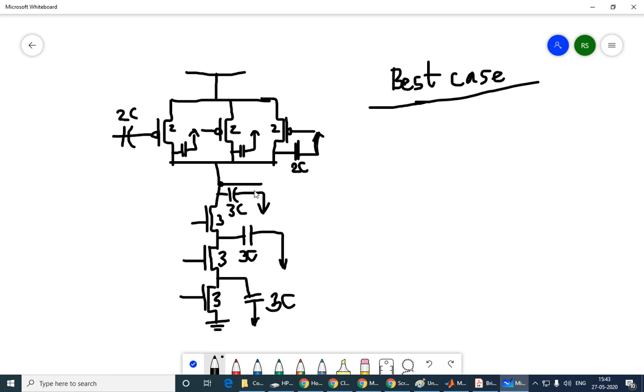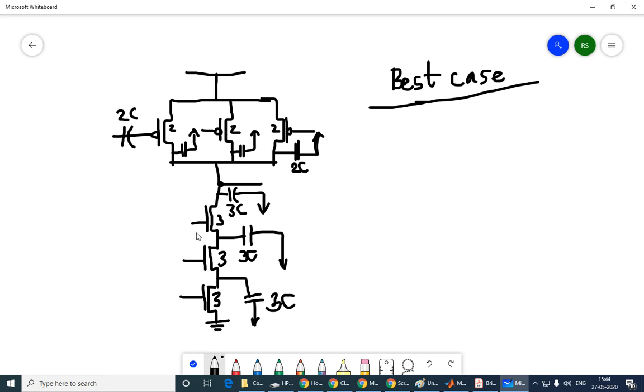But the worst case means not only the output capacitance, but some more capacitance. For example, this one also, which means that the first transistor is conducting. This transistor is also conducting, which means that this also has to be charged, plus this also has to be charged. So this is the worst case when I have three transistors.